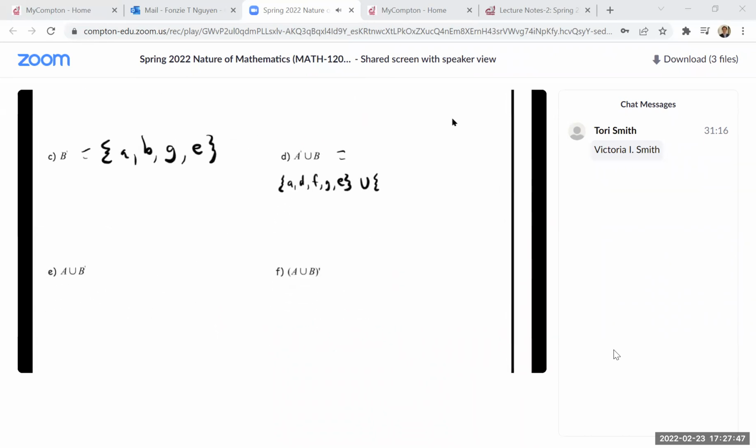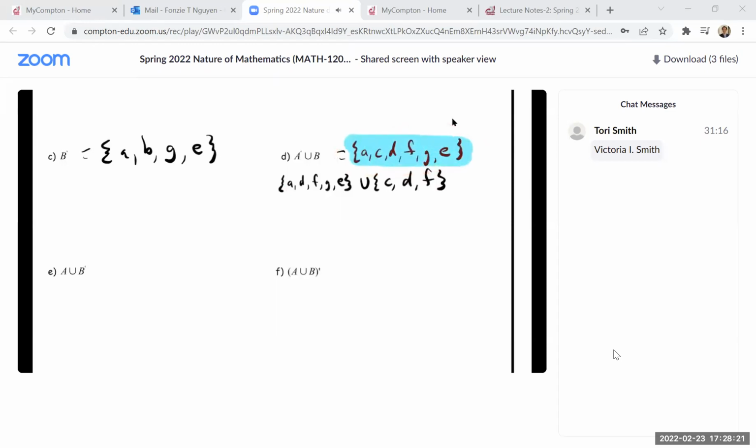C, D, F. And remember what the union means. Union means combining the two sets into one big set. A, C, D, F, G, E. Yeah, I think you're right. We don't repeat the D and the F again. We only write it one time. So that is correct.